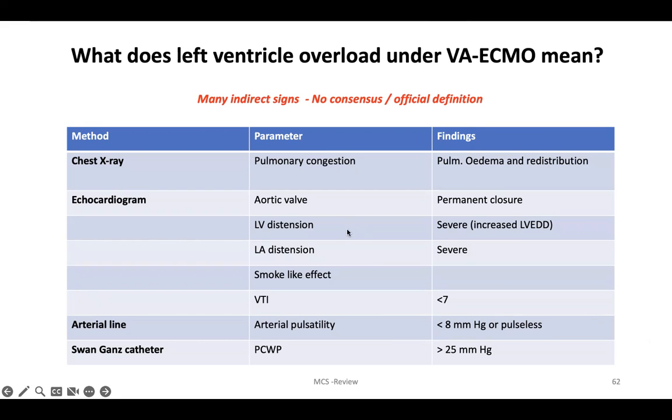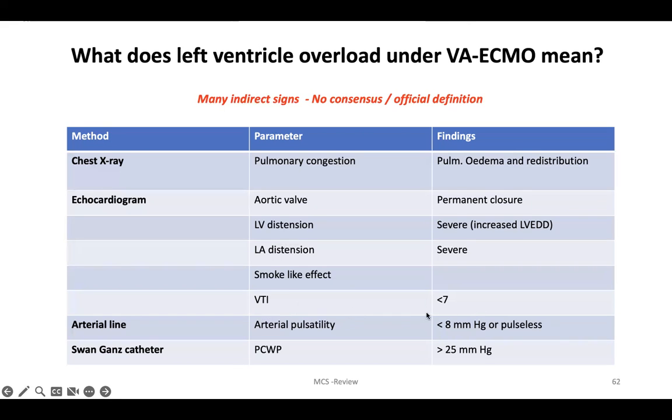If you have an increase of the left ventricular end-diastolic diameter, it could be related to LV distension. If you have a smoke-like effect, I don't know if all of you have seen that, but you can see really some microbubbles in the left ventricle or in the left atrium, and it's usually a sign of LV distension.